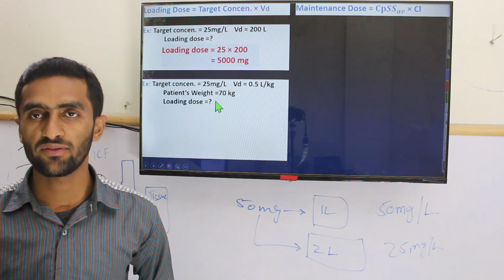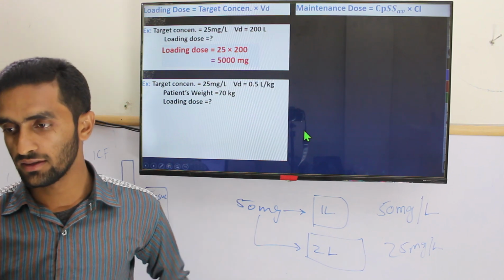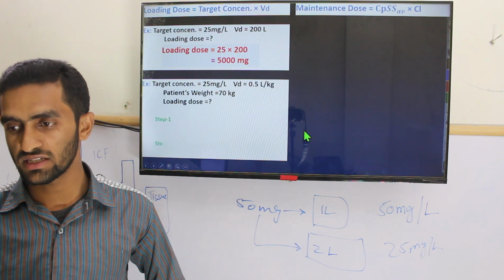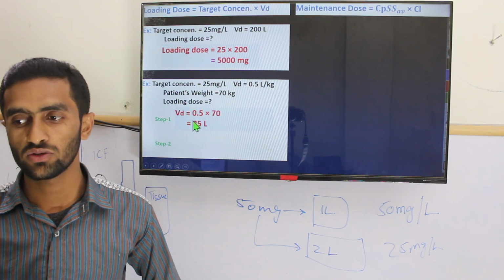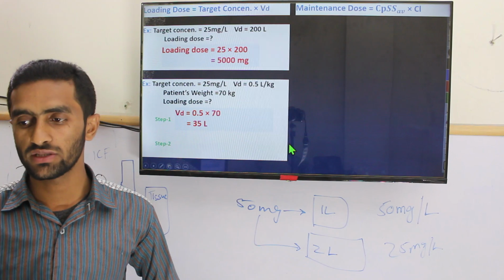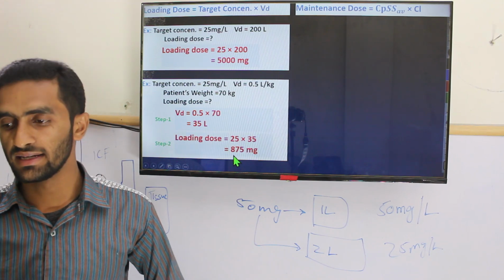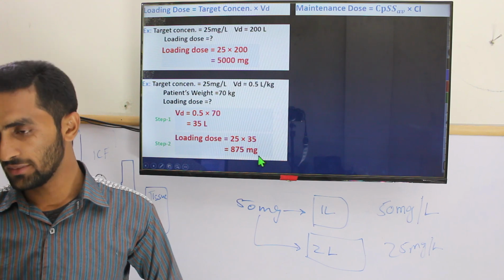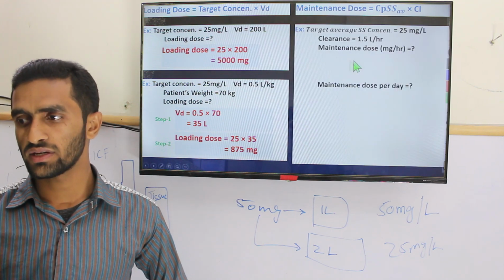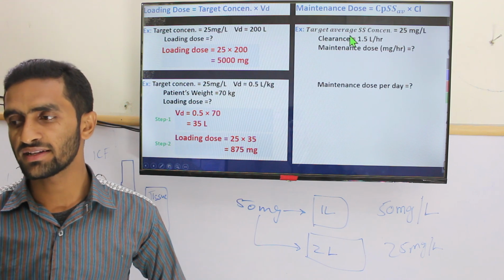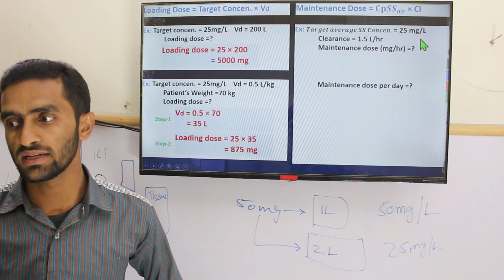So first you need to calculate the volume of distribution for the total body. So step 1: 0.5 multiplied by 70. So that is 35 liter. Now simple. Step 2: 25 multiplied by 35, that is 875 mg.